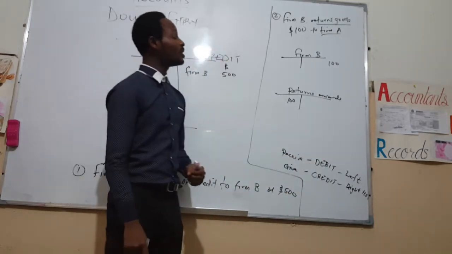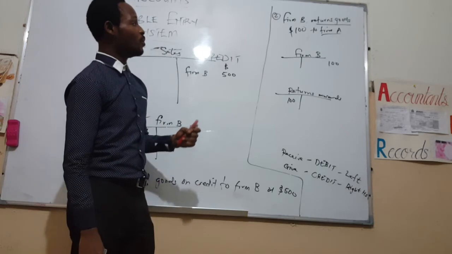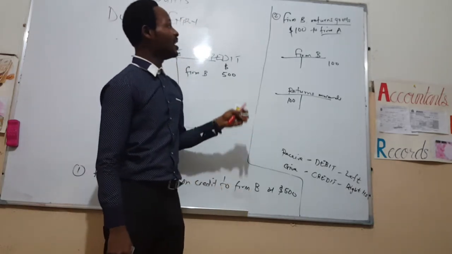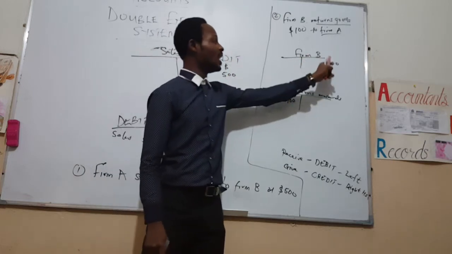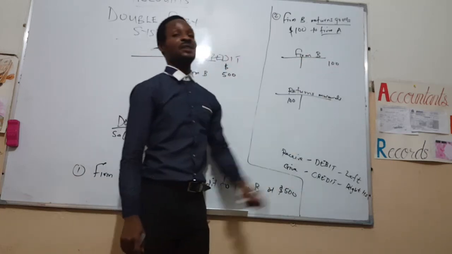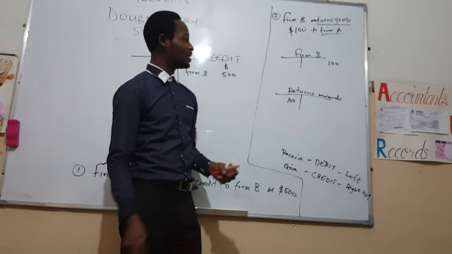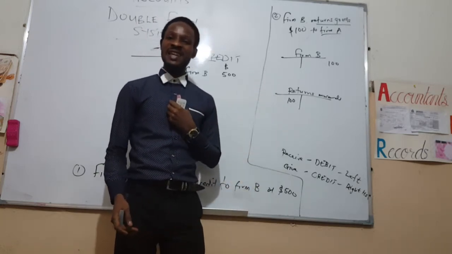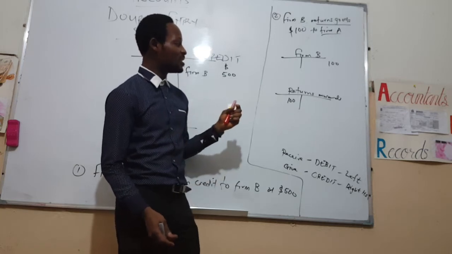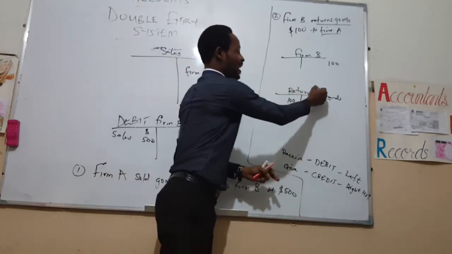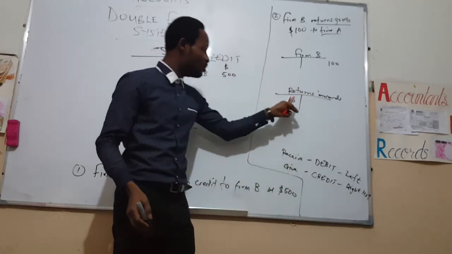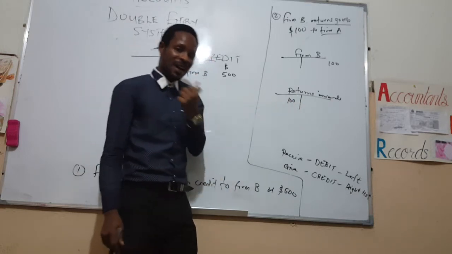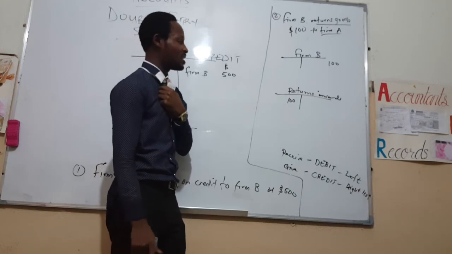So in the second transaction, where firm B returns goods to firm A, firm B is the one giving out. So we write the amount in the credit side, in the right hand side. The goods are being returned in to the business. That means returns inwards account will be recorded in the debit side, the left hand side, because goods are being received into the business.